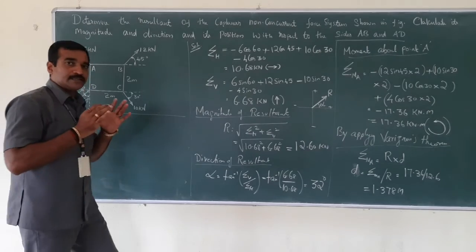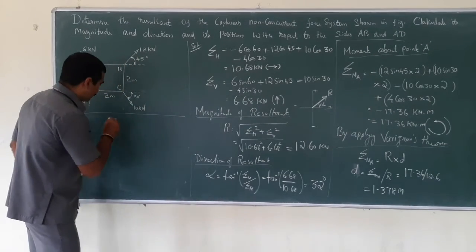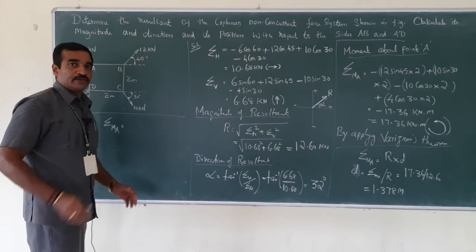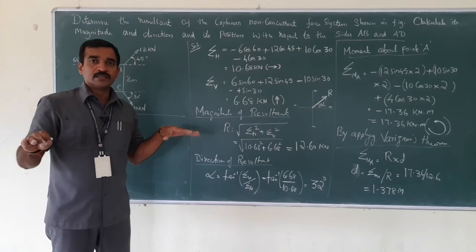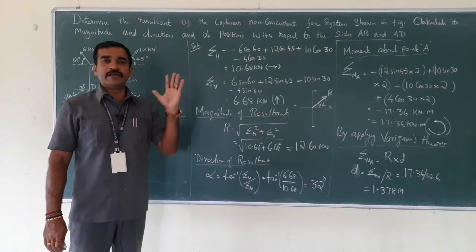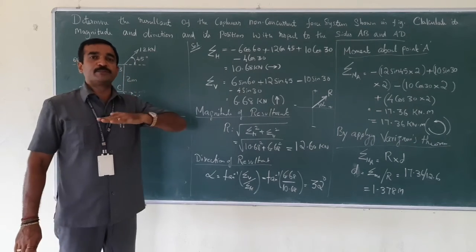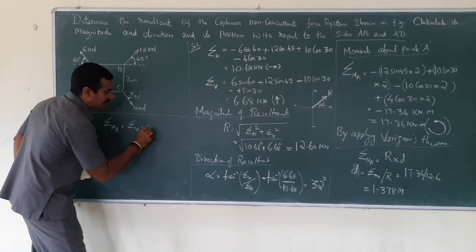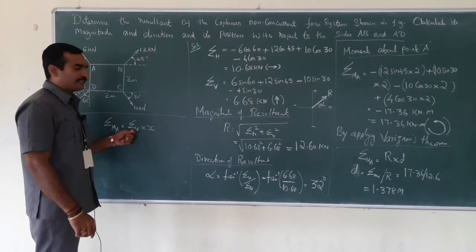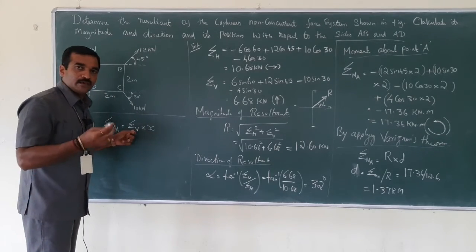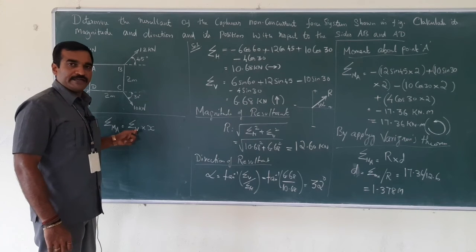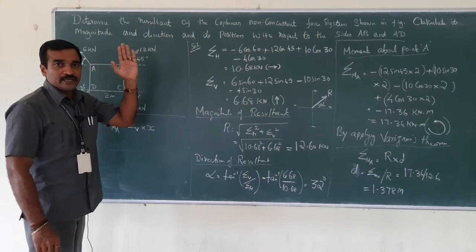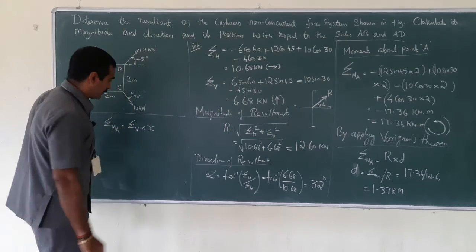So, to find the horizontal distance, summation of moment about A, the force should be perpendicular to the horizontal. That means summation V into X, because it's a vertical force and the formula for the moment is force into its perpendicular distance. When it is acting vertically, its perpendicular distance would be horizontal.